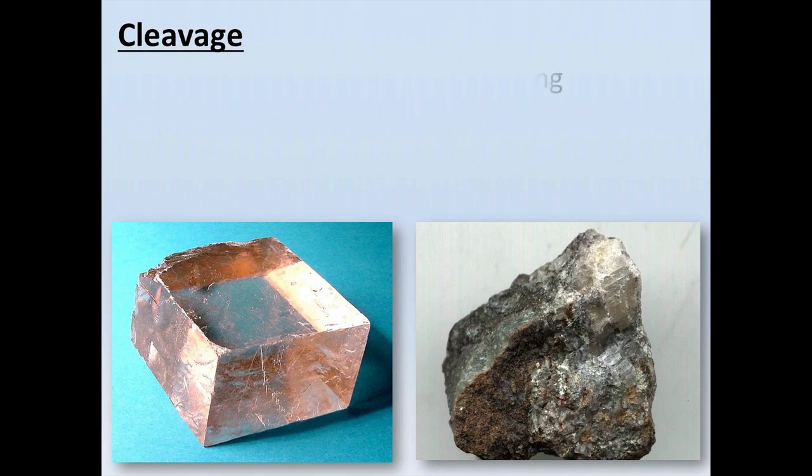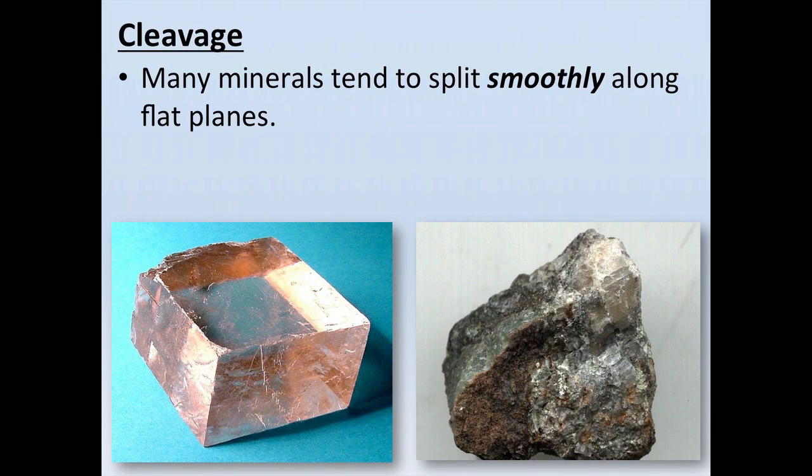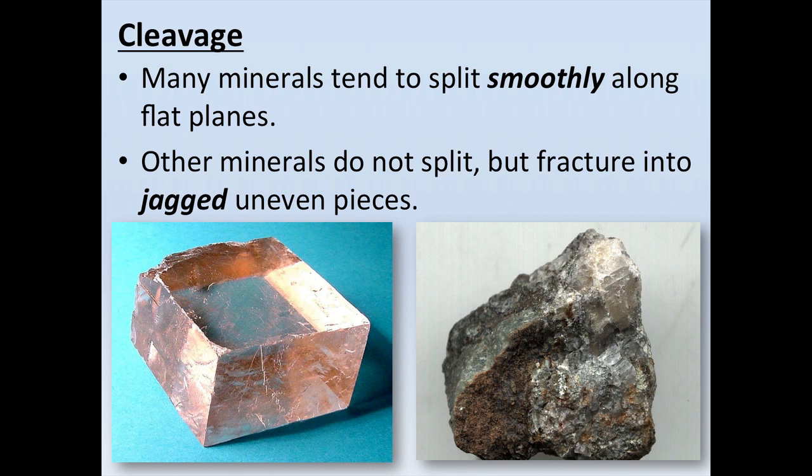Next, we have cleavage. Many minerals tend to split smoothly along flat planes. That's cleavage. Other minerals do not split, but they fracture, they break rough, in jagged, uneven pieces. The picture on the right shows very smooth, clean breaks. That's called cleavage.